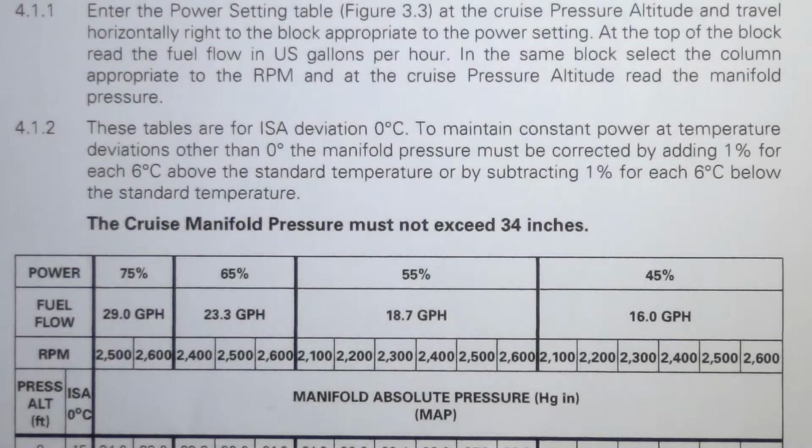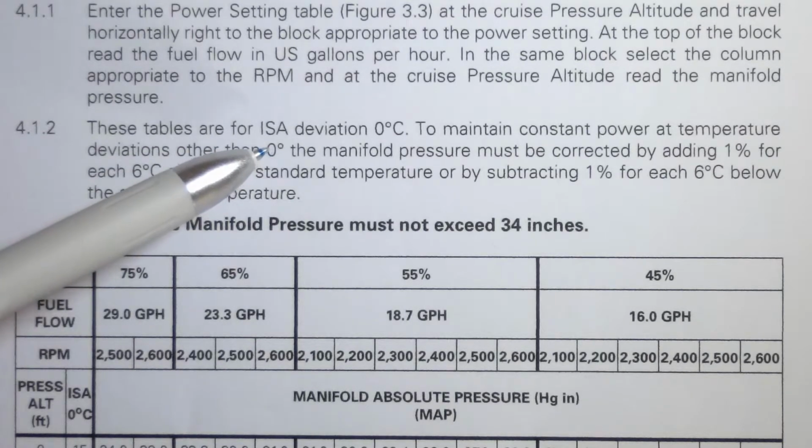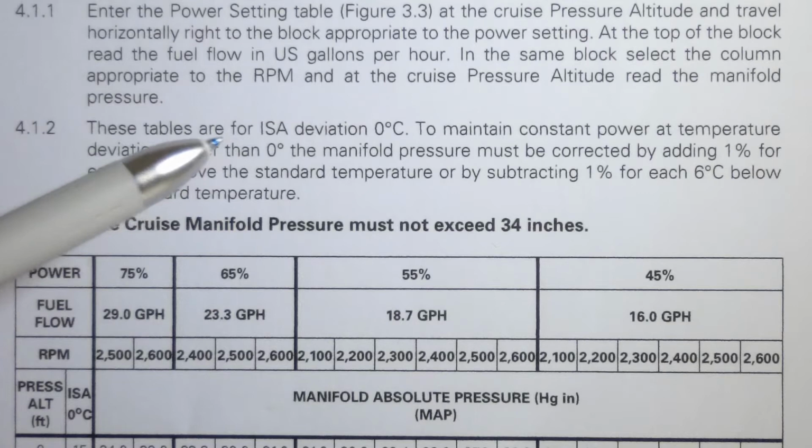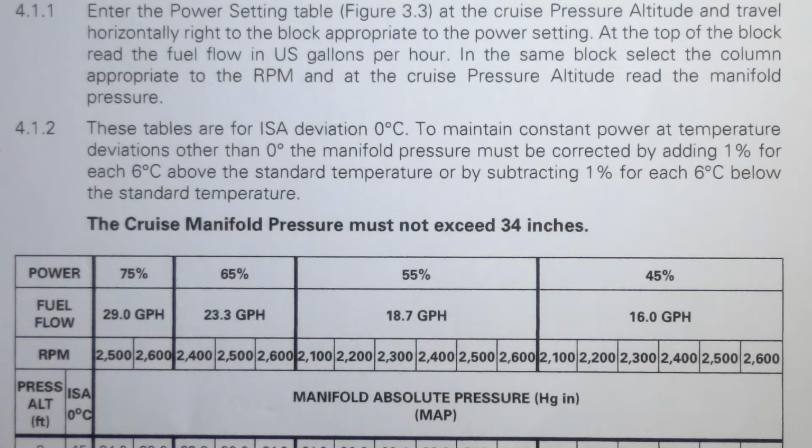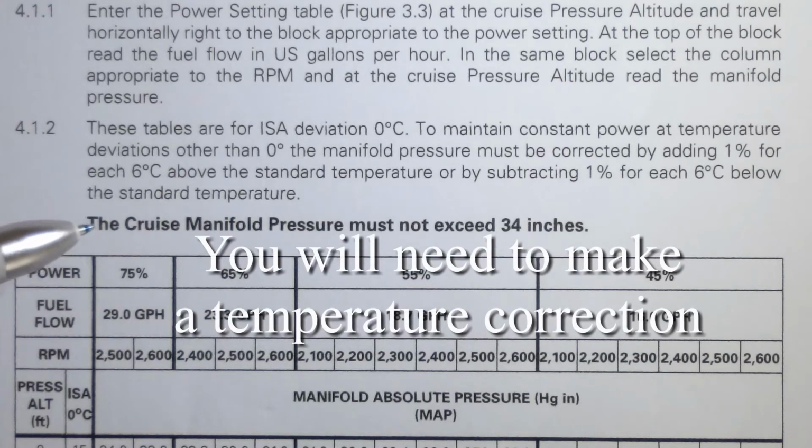Before we get started, please note that these tables are for ISA deviation being 0 degrees Celsius, basically meaning no deviation. To maintain constant power at temperature deviations other than 0, so if your OAT is something other than ISA, we will need to make an adjustment.